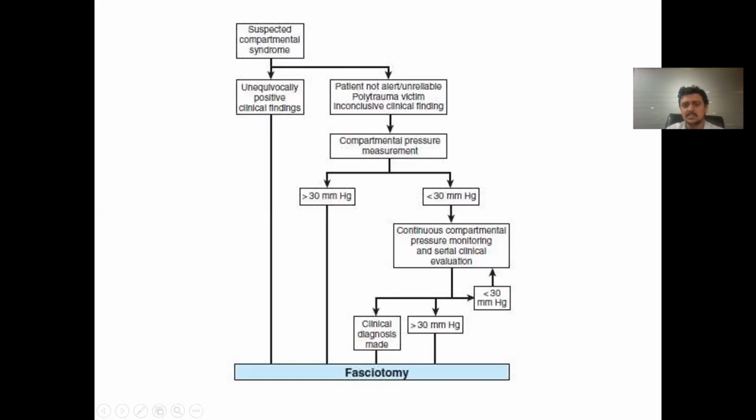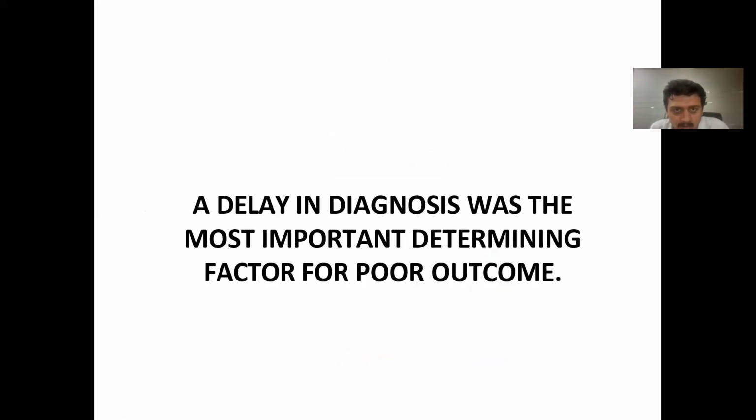If at any point the pressure is more than 30 mm Hg, do fasciotomy. And if you are finding pressure less than 30 mm Hg, then continue your evaluation. Now, the most important statement: a delay in the diagnosis is the most important determining factor for poor outcome. If the fasciotomy is done in time, the prognosis is usually very good.